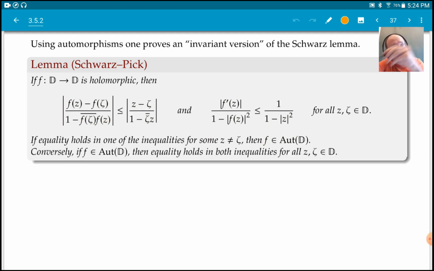Conversely, if f is an automorphism, these are equalities for all z and zeta. And again, as I said, proof is an exercise.